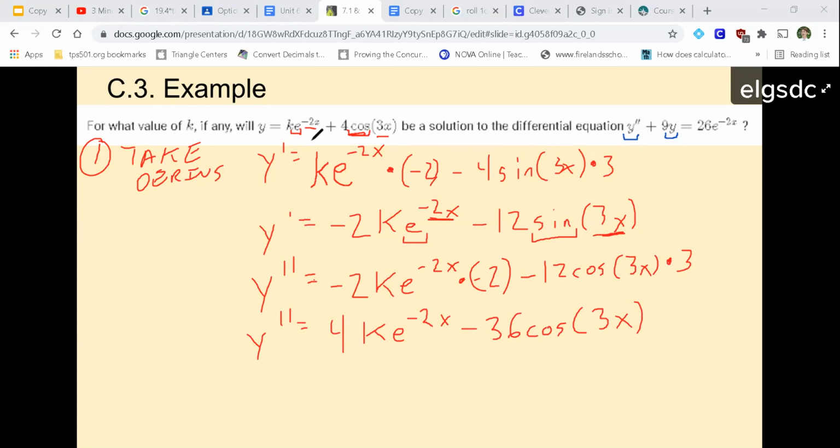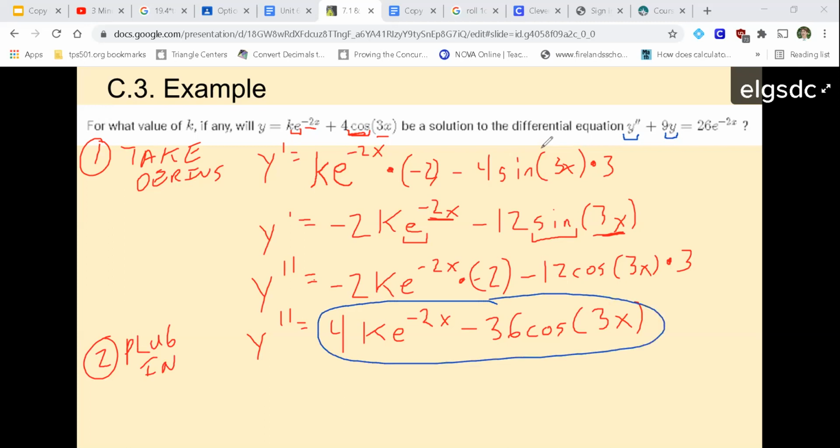All right, step 2. Now that we have our derivatives, we're going to plug in. So I'm going to plug in this for y double prime and this for y prime into our differential equation right here.